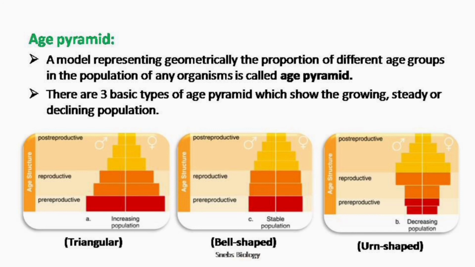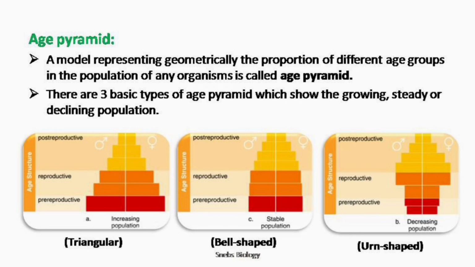Okay, and the second is steady population. Steady population, that means whatever the number, that number remains the same. So here if we say that 1000 pre-reproductive are present, now only 1000 would come into the reproductive stage. So when only the same number comes into the reproductive category and then they reproduce, the number of individuals produced would remain the same, and then post-reproductive.